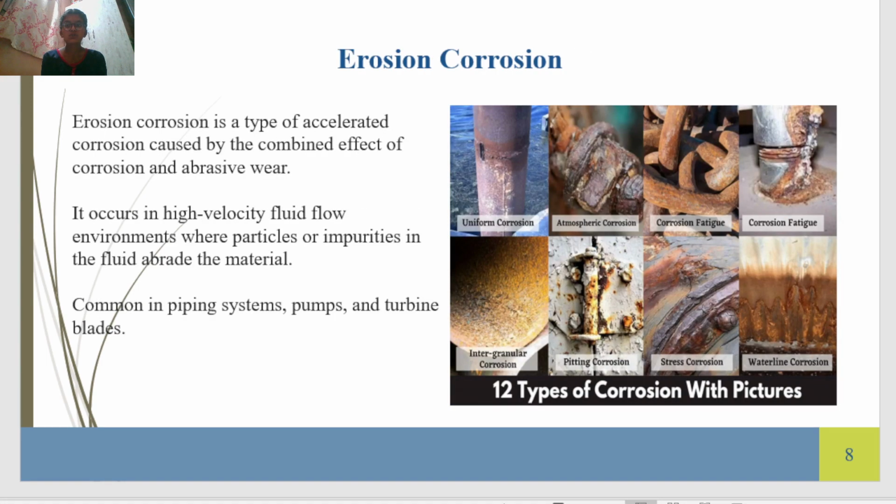Next we have erosion corrosion, a type of accelerated corrosion caused by the combined effect of corrosion and abrasive wear. It occurs in high velocity fluid flow environments where particles or impurities in the fluid abrade the material, commonly in piping systems, pumps and turbine blades.